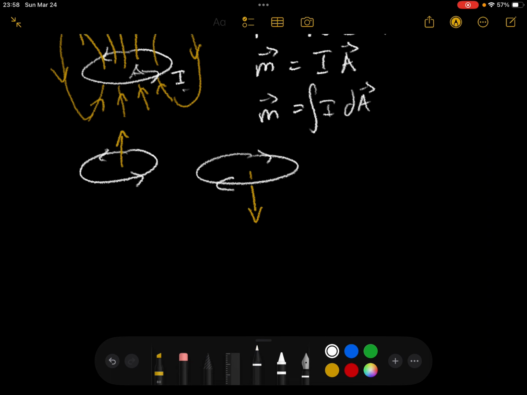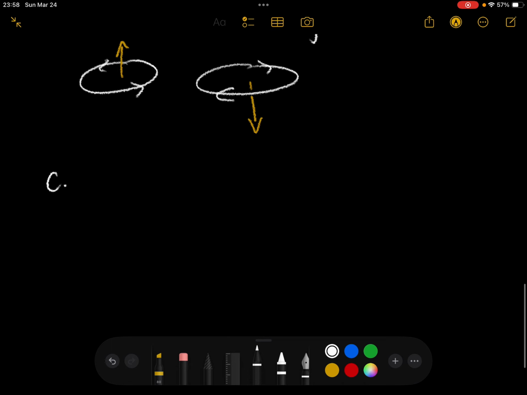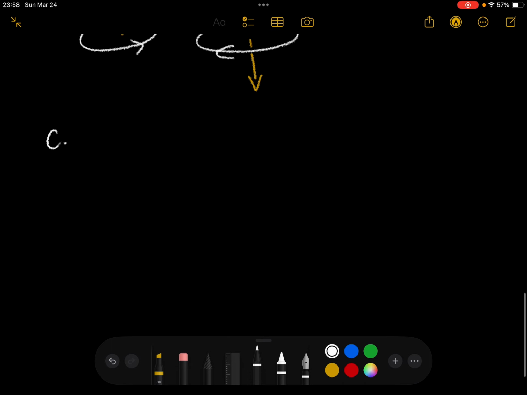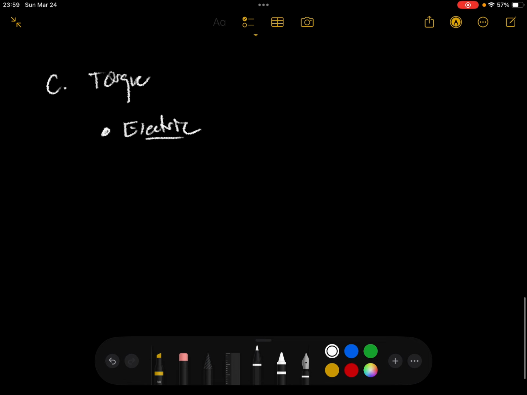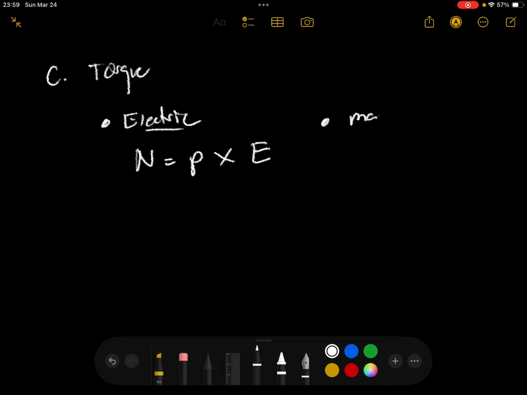And some other important quantities to mention, which you will probably see if you're talking about dipoles, would be the torque. For an electric dipole, N is equal to the dipole times the electric field, or for magnetic, we'd see the magnetic dipole cross product with the magnetic field.